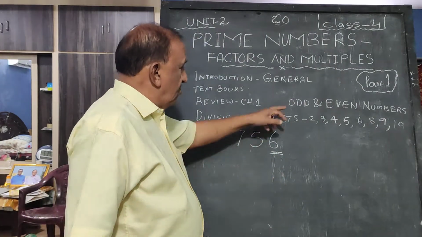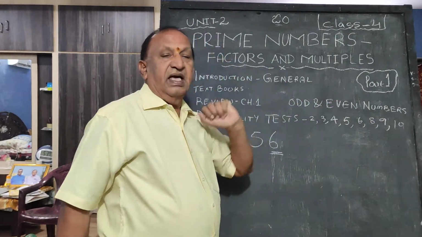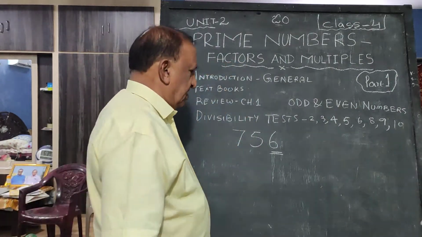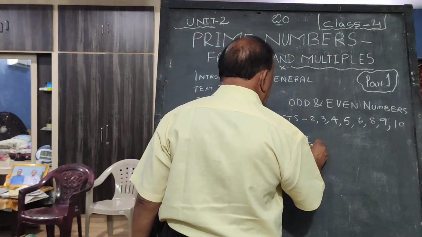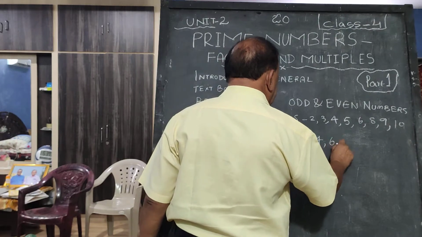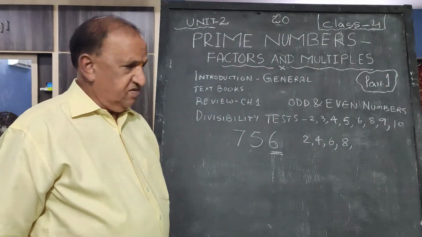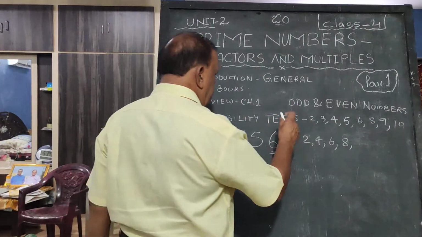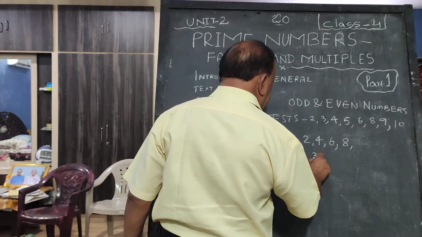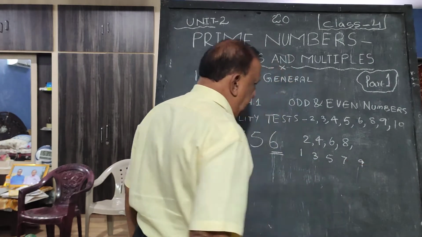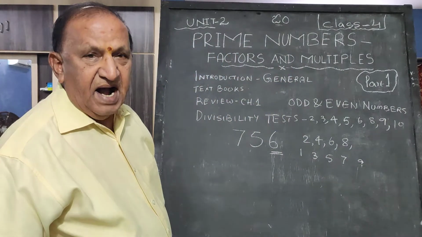First I will tell you what the even numbers are. Even numbers: 2, 4, 6, 8. These are all called even numbers. Now similarly, we have 1, 3, 5, 7, 9. These are called the odd numbers.